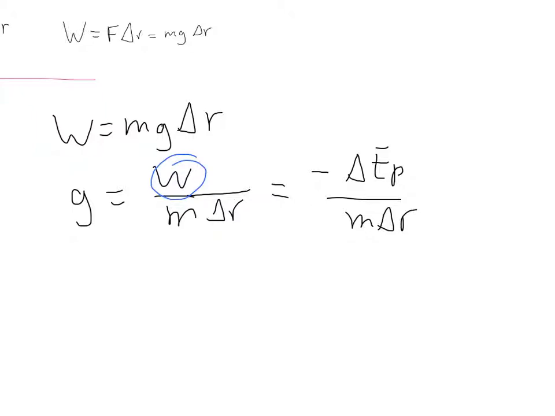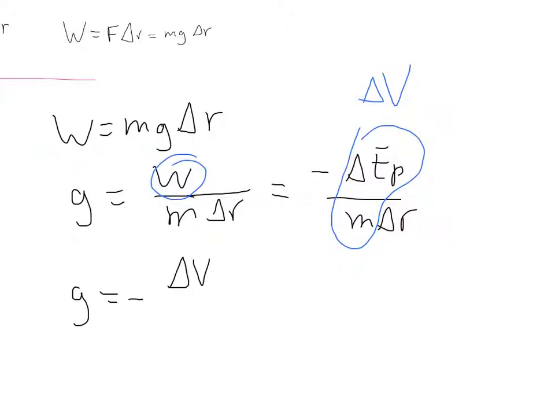And now remember that the potential energy per unit of mass is nothing but the voltage. Yeah, the gravitational potential. In this case, it's not really the voltage because there's no electricity, but the gravitational potential, right? Or in this case, the increase in gravitational potential. And therefore we get that g equals minus the increase in gravitational potential divided by the increase in r.